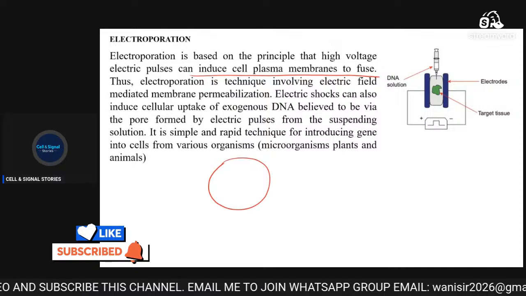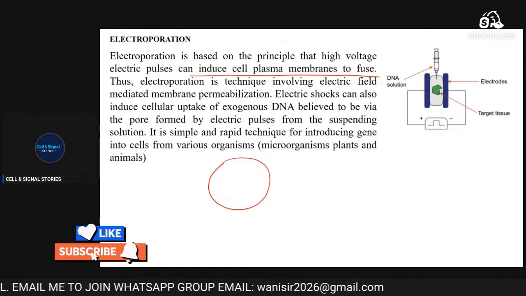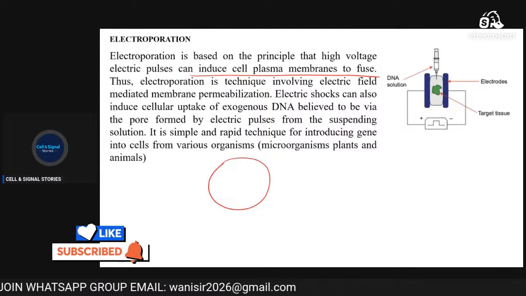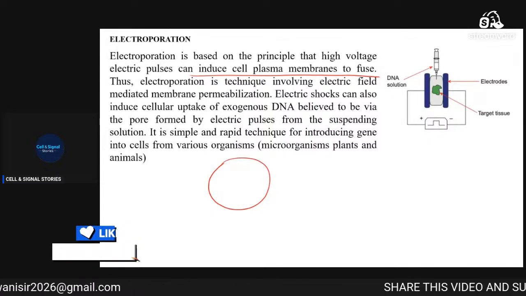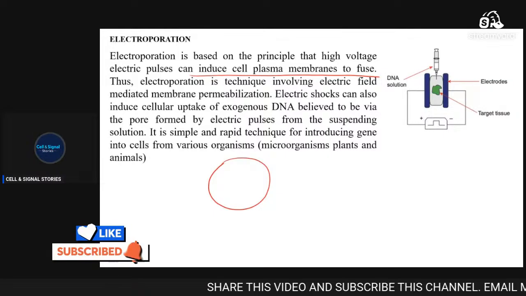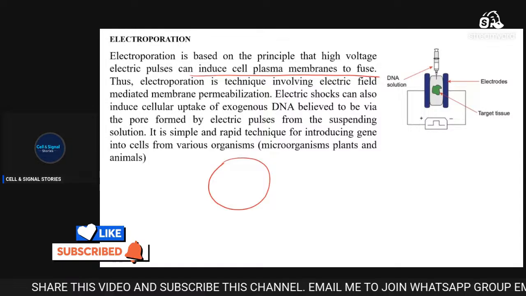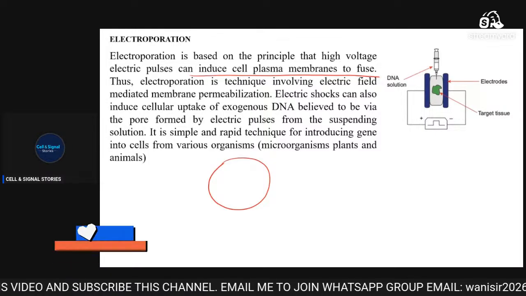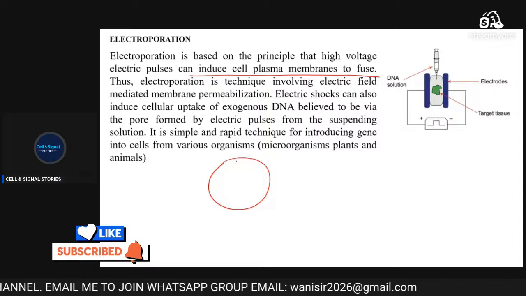Under the electrical field, the phospholipid bilayer of the plasma membrane becomes temporarily destabilized, forming transient aqueous pores, and these pores allow DNA to enter.